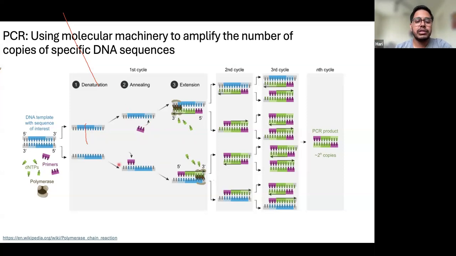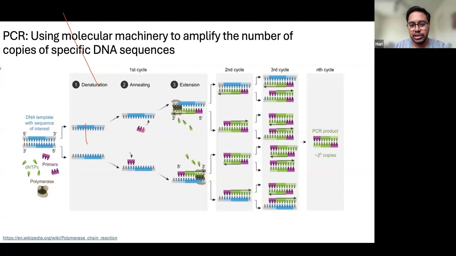The annealing temperature is based on the melting temperature of the primers, that is, the temperature at which the primer gets detached from the sequence. Usually the annealing temperature is about 3 to 5 degrees Celsius less than the melting temperature of the primers, but that really depends on what kind of polymerase we are using.